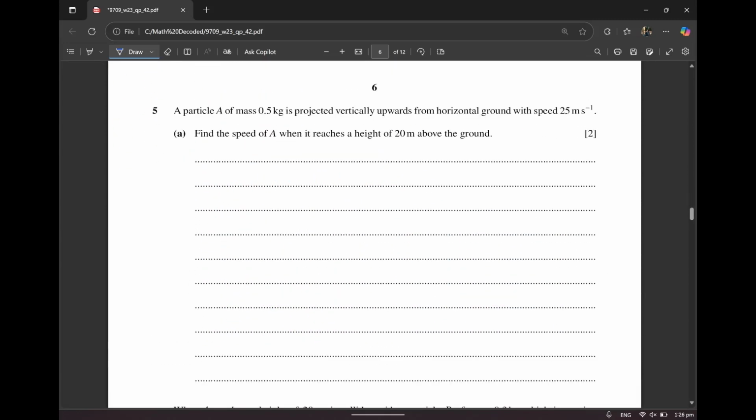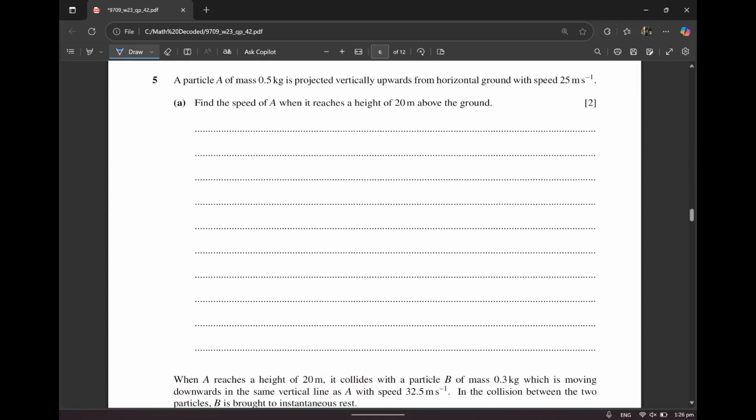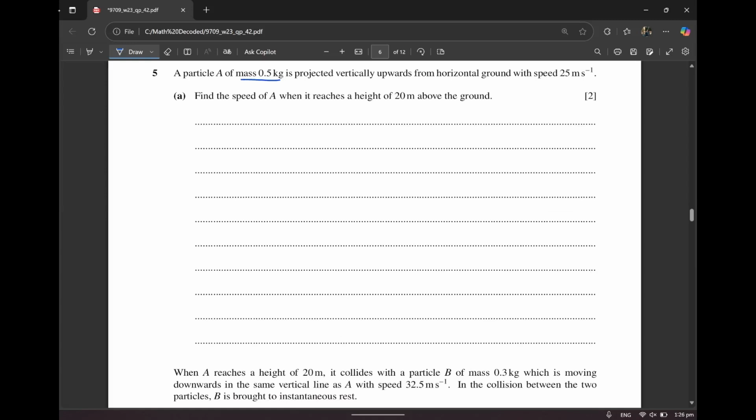Alright, moving on to question number 5. It says a particle A of mass 0.5 kg is projected vertically upwards from horizontal ground with speed 25. Find the speed of A when it reaches a height of 20 meters. I know that acceleration equals minus 10. I know s is equal to 20. I know u is equal to 25.